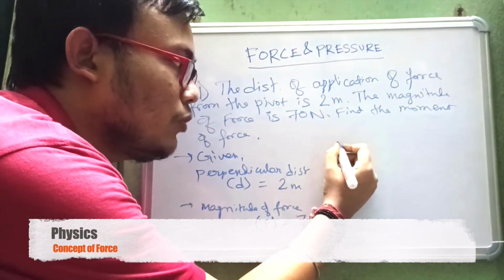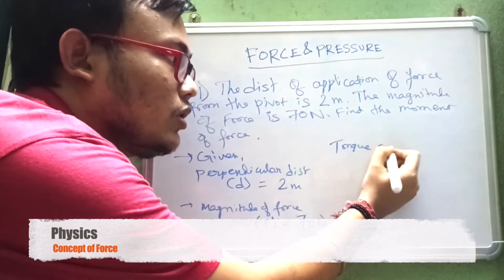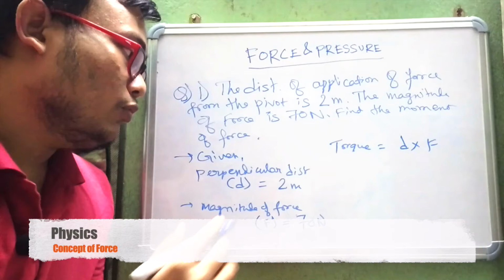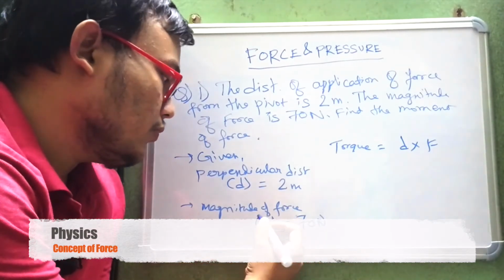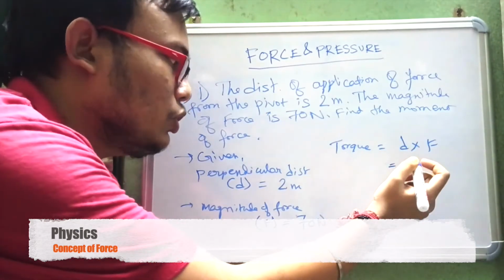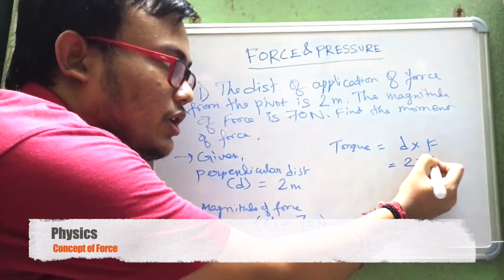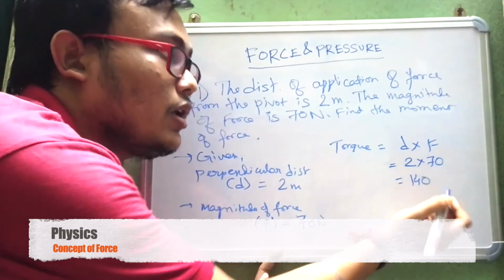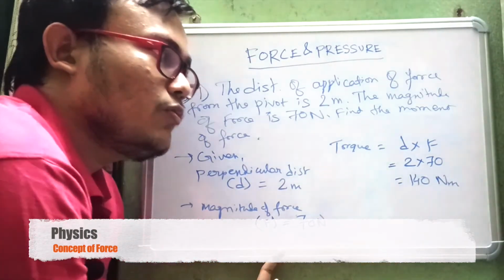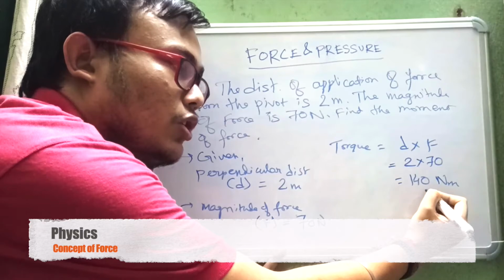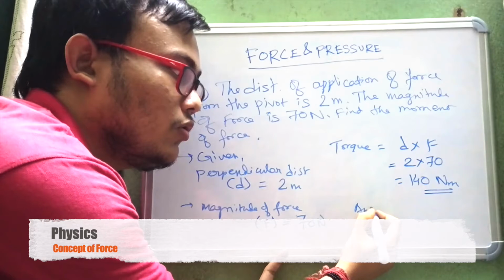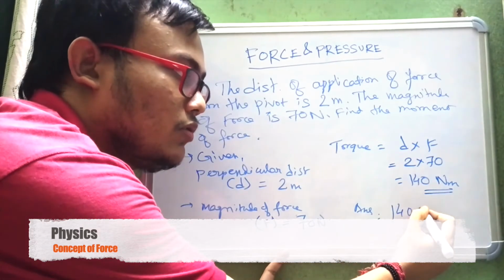So the torque or moment of force will be the product of D and F. D is 2 meters and force is 70 newtons. We will put this in the equation and we will easily find the torque. So 2 into 70 will be equal to 140, and the unit of torque is Newton meters. If we forget to mention the unit, it will be wrong. So the answer is 140 Newton meters.